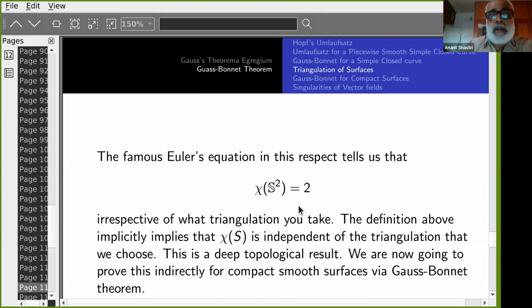For S2, no matter what curve you take, what graph you take, chi of G is always equal to 2. This was the famous theorem of Euler. So that's irrespective of what triangulation you take. The definition above implicitly implies chi-S is independent of the triangulation. This is a deep topological result. We are going to prove this indirectly for compact smooth surfaces via the Gauss-Bonnet theorem.